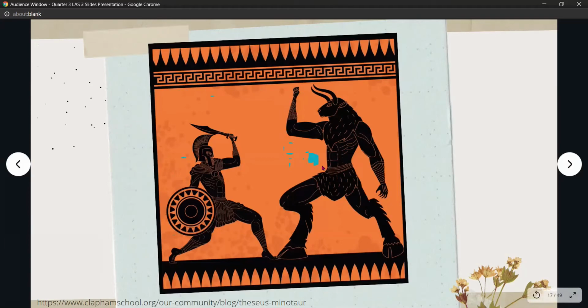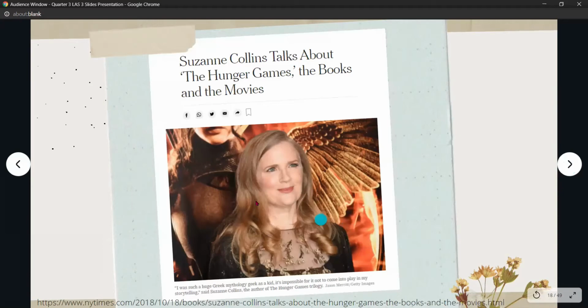Theseus killed the Minotaur and escaped the labyrinth and took with him Ariadne, the daughter of King Minos. So, why do I say all these things to you? Because Greek mythology had such a great influence to Suzanne Collins in writing The Hunger Games. She took the concept of tributes from the myth of Theseus.